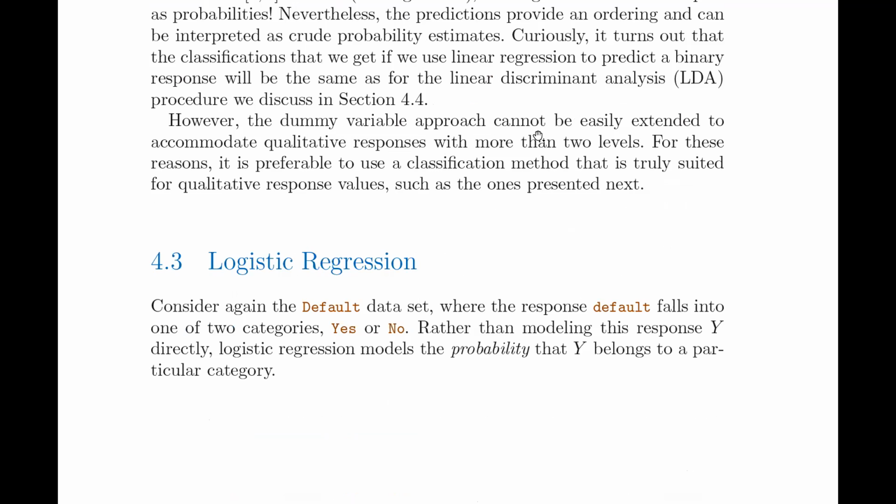However, the dummy variable approach cannot be easily extended to accommodate qualitative responses with more than 2 levels. For these reasons, it is preferable to use a classification method. So that's it. Probably this is the last time that we mention regression onto classification methods that are truly suited for qualitative response values such as the ones predicted next.